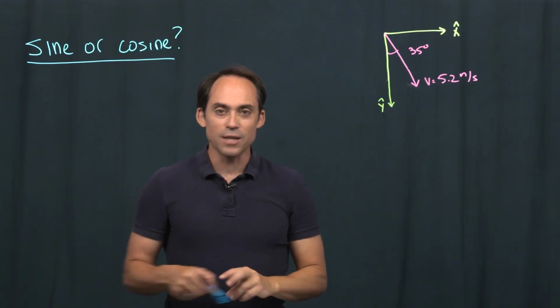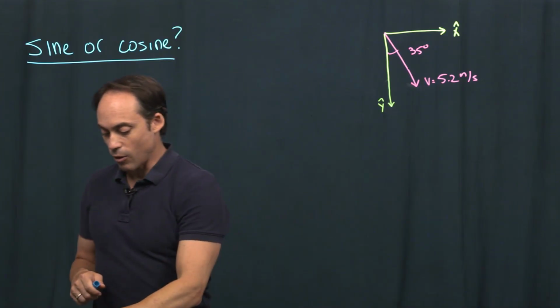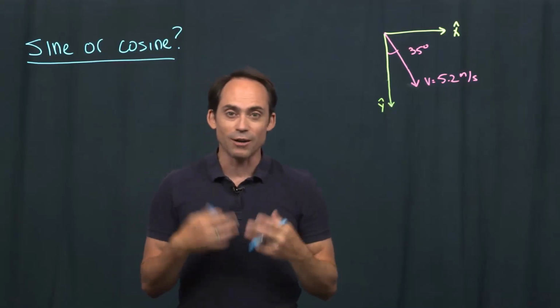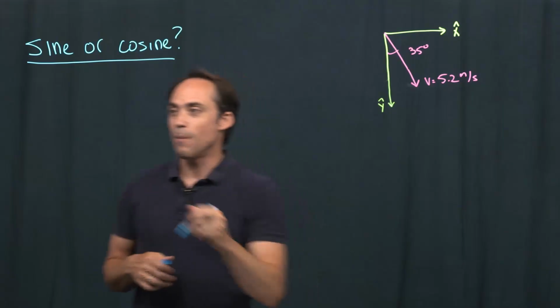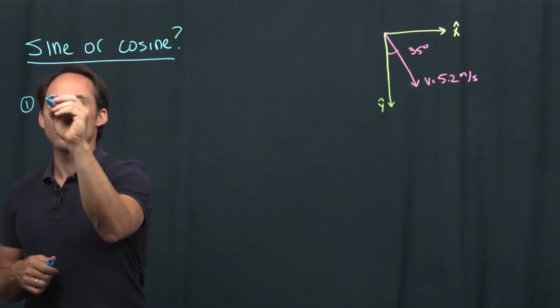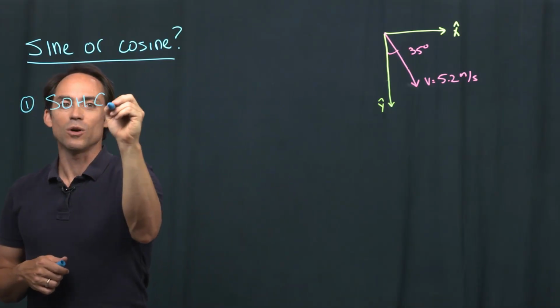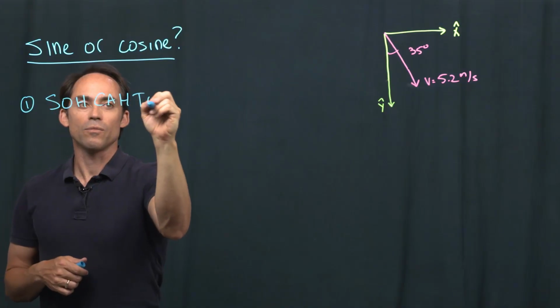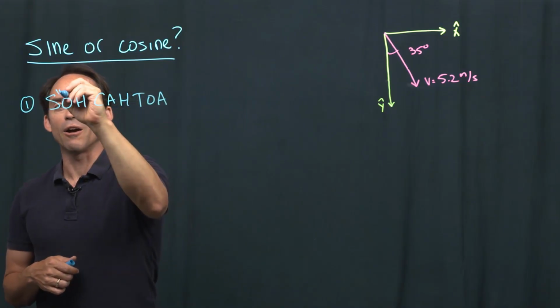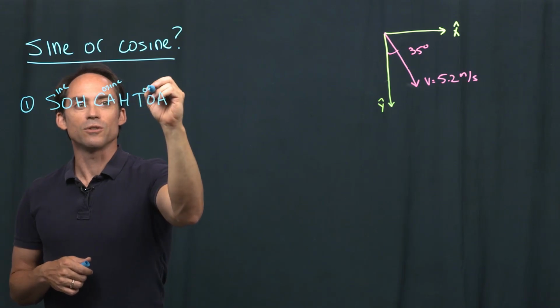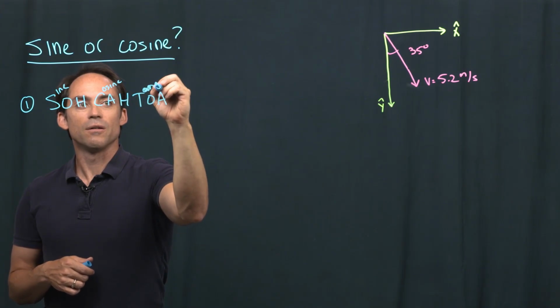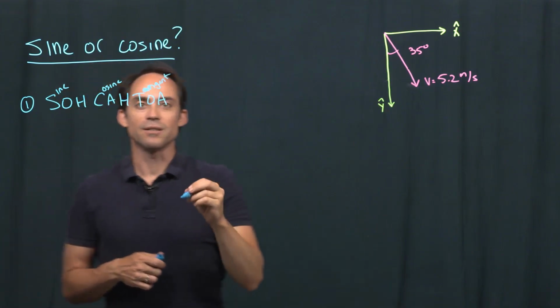So there's a few ways that we can double check or compute and figure out which one of these functions we're going to use for the components. The first way is to use our mnemonic SOHCAHTOA, or probably more accurately our acronym, where we're looking at these trigonometric functions sine, cosine, and tangent.